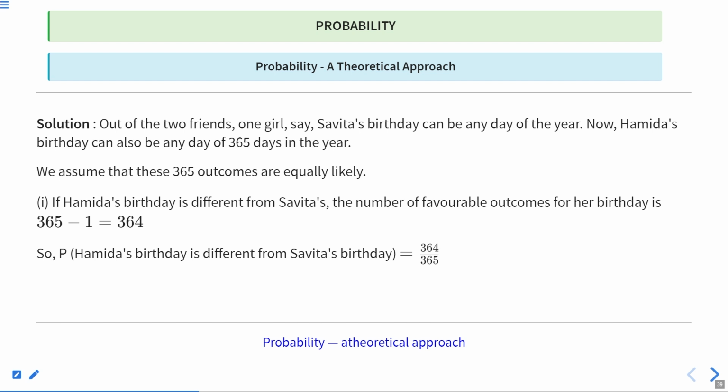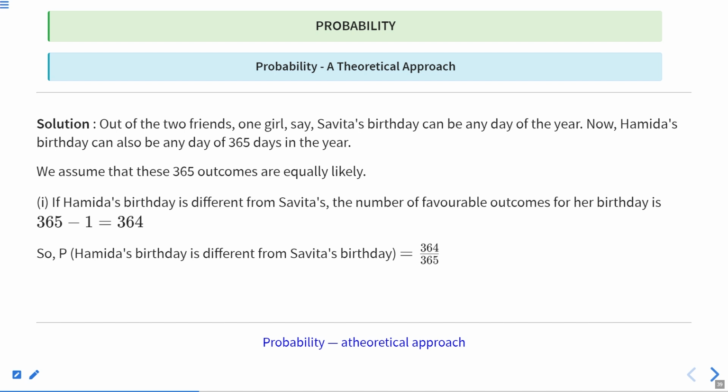So the probability that Hamida's birthday is different from Savita's birthday is 364 divided by 365.